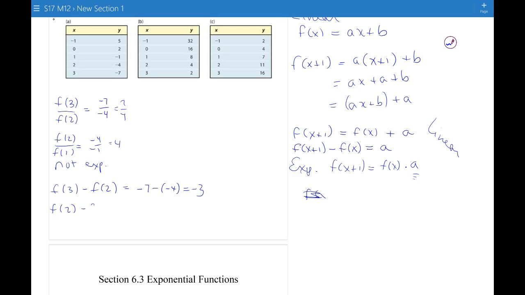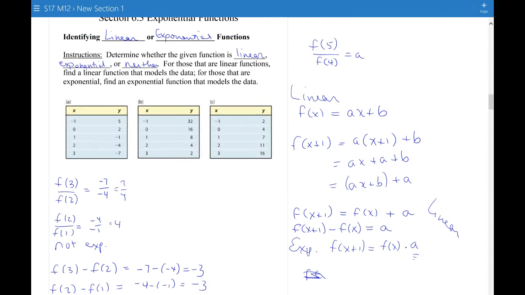And then if I do f of 2 minus f of 1, I get negative 4 minus negative 1. Oh, I'm getting negative 3. F of 1 minus f of 0, I'm getting negative 1 minus 2, or negative 3. So it looks like I have a linear function with a equals negative 3.